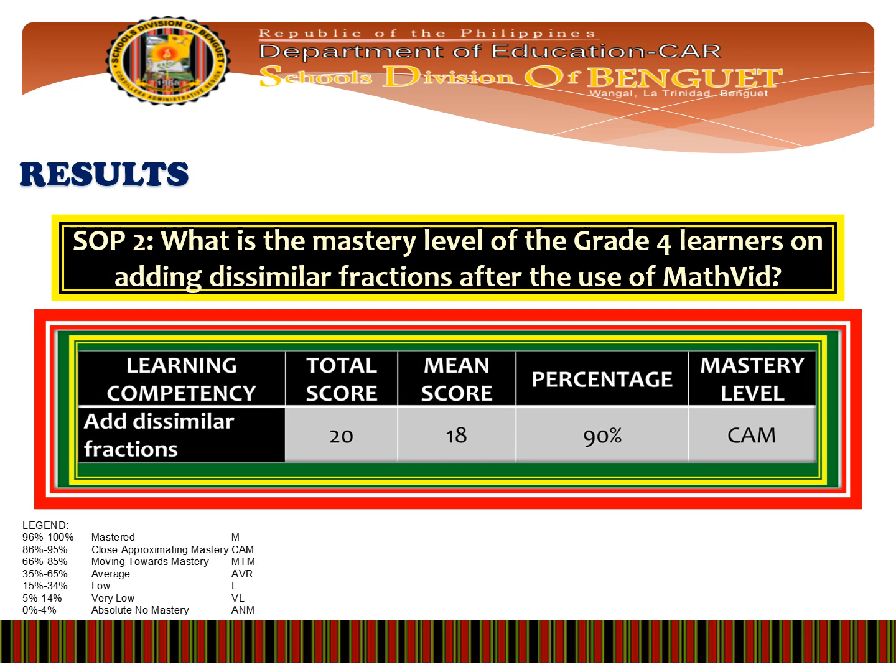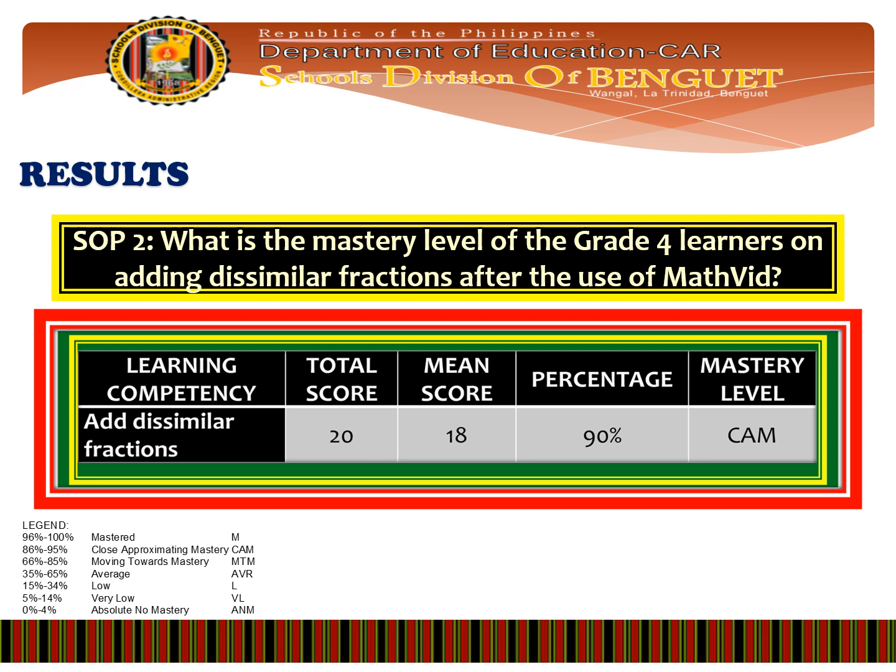This table presents the mastery level of the grade 4 learners on adding dissimilar fractions after the intervention. Results showed a mean score equal to 18 with a percentage equivalent of 90%. This implies that the mastery level of the participants in the post-test can be described qualitatively as close, approximating mastery.